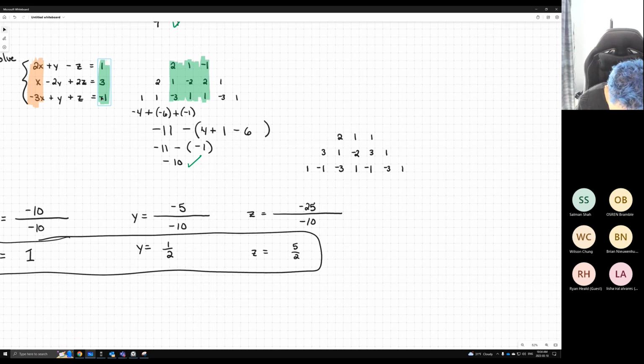So let's go down and to the right again. We've got 4. And down and to the right again, that's negative 9. And then plus 1. Add those up.